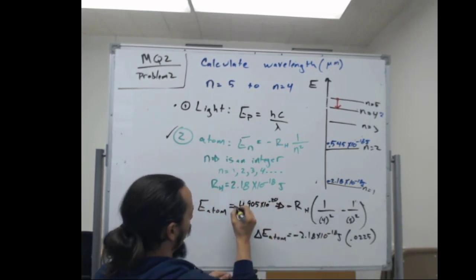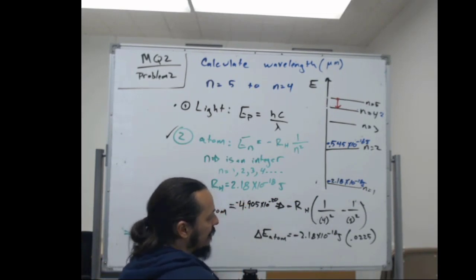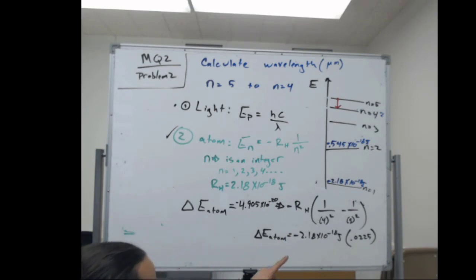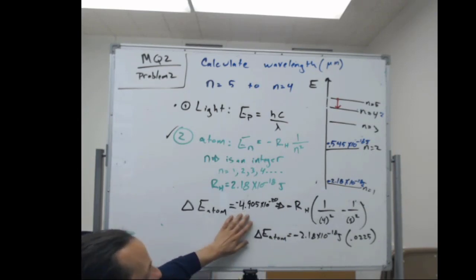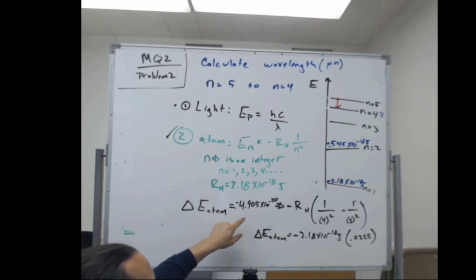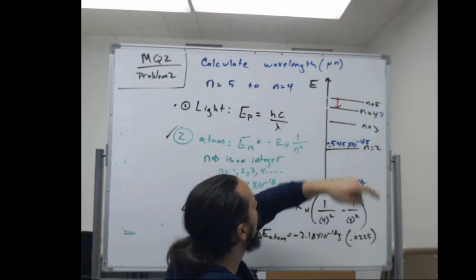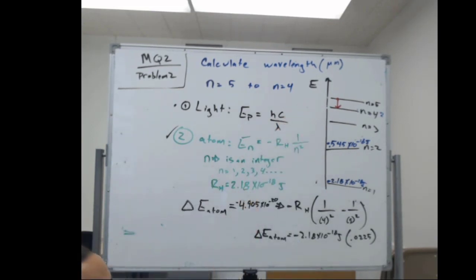I got it from that calculation, and there's a negative sign there. Let me make sure. Yes, there is. So what that negative sign tells us is the atom is losing energy, right? That's the change in energy. The atom is negative. The energy is dropping, right? So the atom is losing energy.